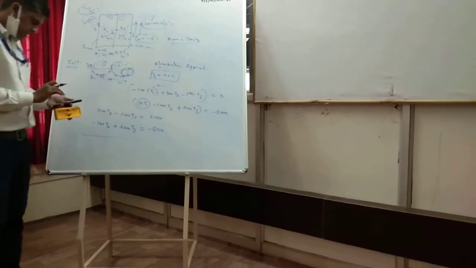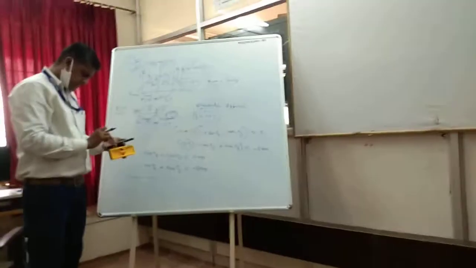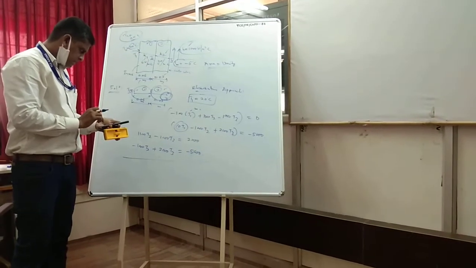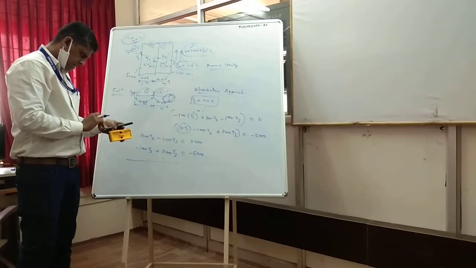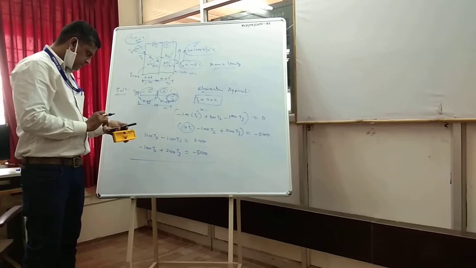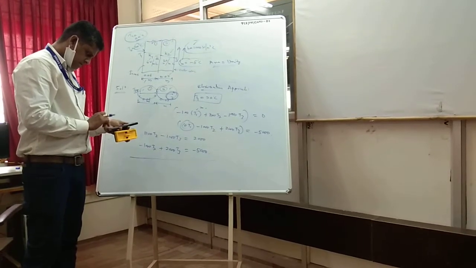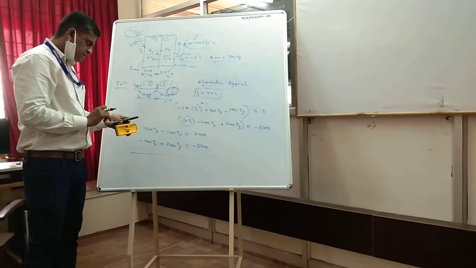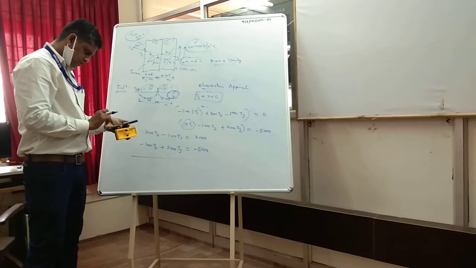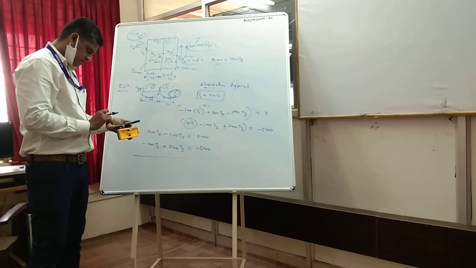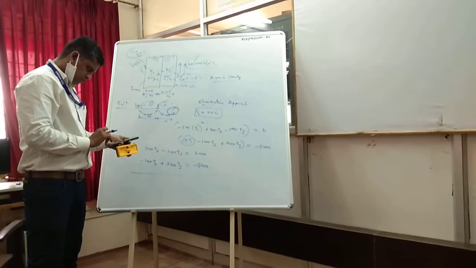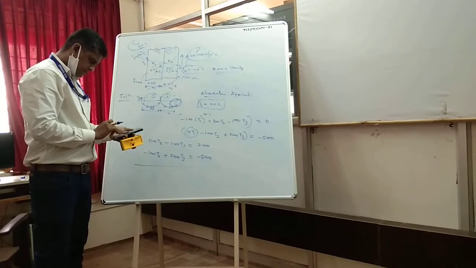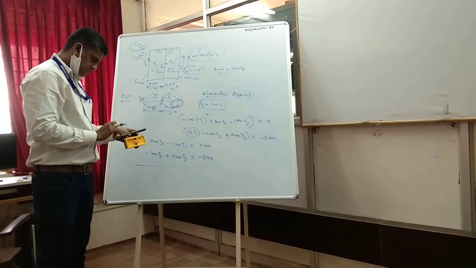Okay, if you solve these two equations, that is two variables. Now A1 is 1100, B1 minus 1000, C1 2000, A2 minus 1000, B2 2000, C2 minus 5000.